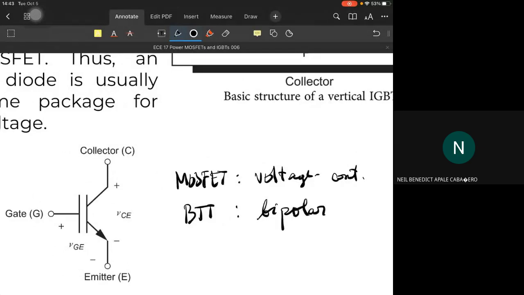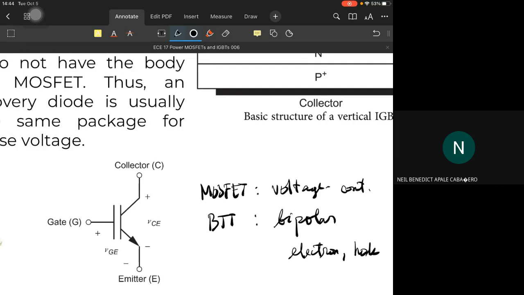Bipolar means the flow of carriers is both N and P, electrons and holes flowing. Unlike the MOSFET, where it is electron flow only. Both electron flow and hole flow, which is why it is called bipolar. That is the reason the BJT is bipolar, with electron flow and hole flow, unlike the MOSFET, which has electron flow only.